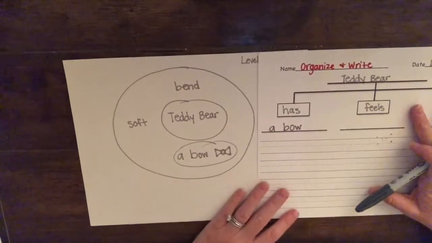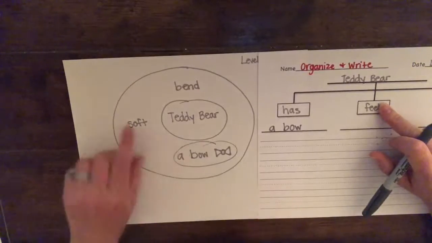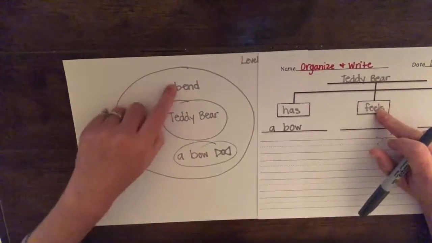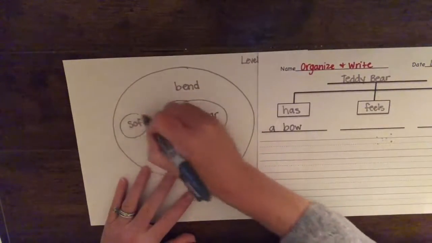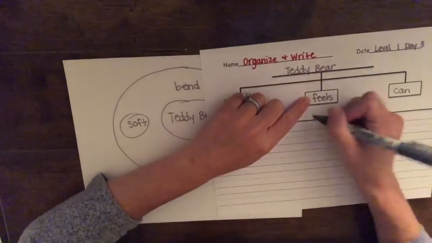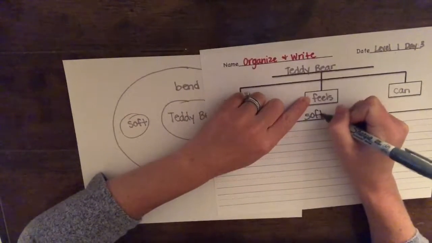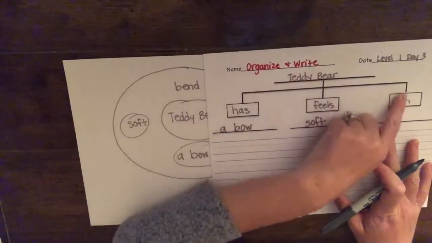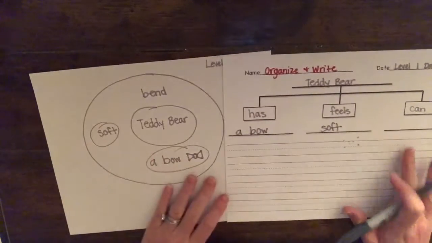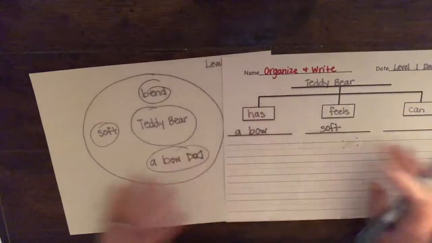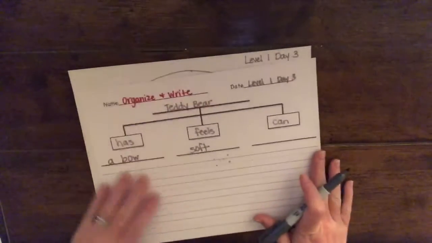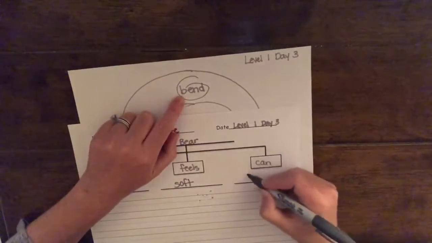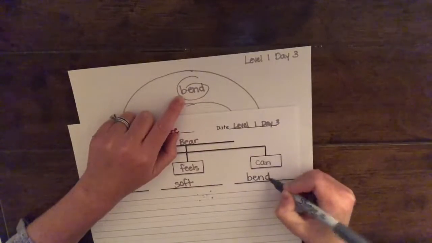How did we say that teddy bear feels? Teddy bear feels soft or teddy bear feels bend? And they would say soft. All right, let's write soft. Teddy bear feels soft. And the last step, teddy bear can, well, we just have bend left, but does that make sense? Teddy bear can bend. So then they write, and again, they're copying it, so they don't have to know how to spell any of this yet.